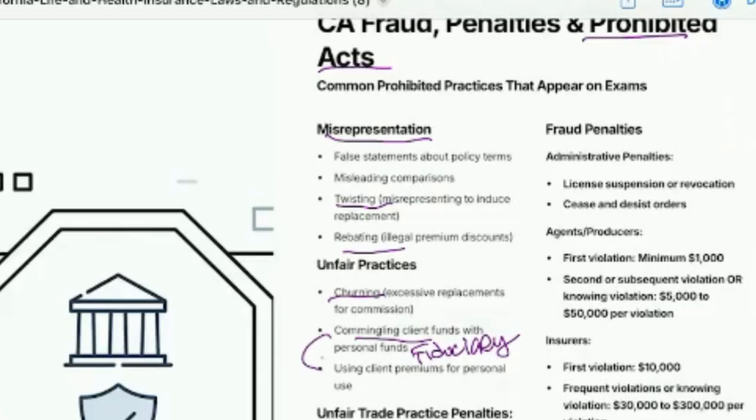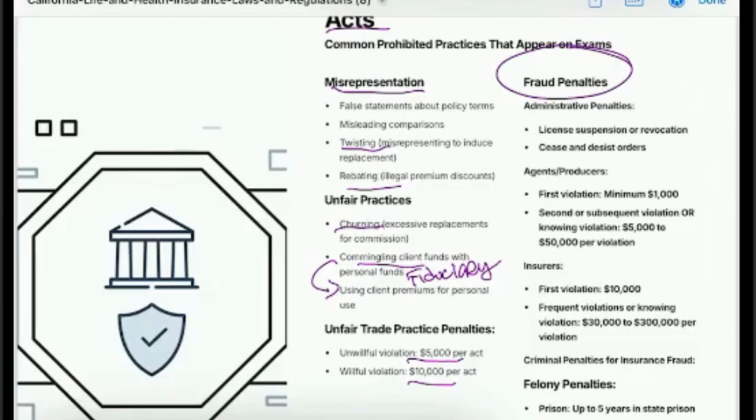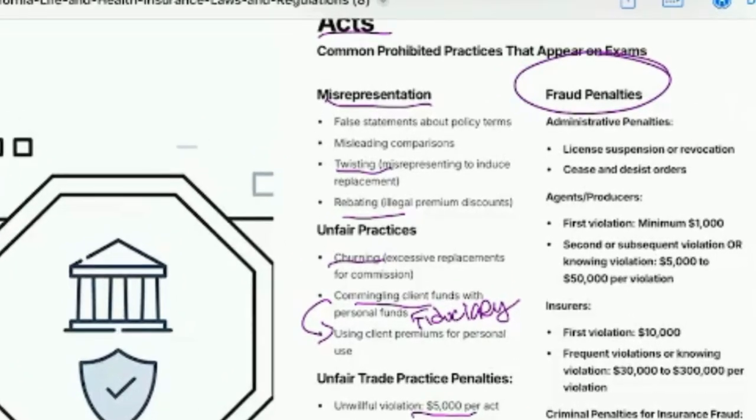All right, so unfair trade practices, as we know very well, unwillful acts can still be $5,000 per violation. And if we did know what we were doing, it is $10,000 per act. But when it comes to fraud, the penalties can be much higher. That's where we were seeing those larger ranges, some of those first slides we went over, right?